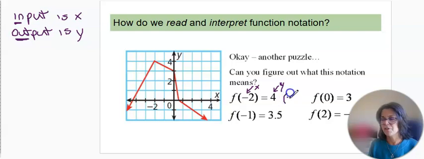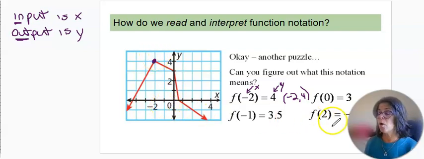Look, when you have an x and a y, that's an ordered pair. When you plug in -2, you get 4. Look at the graph: -2, 4. It's a point on the graph. And this will always work. Anytime you see this notation, it represents an input and an output, an x and a y.